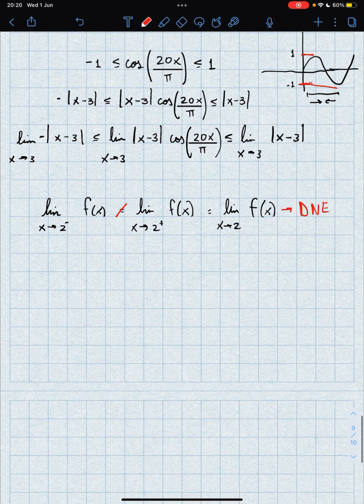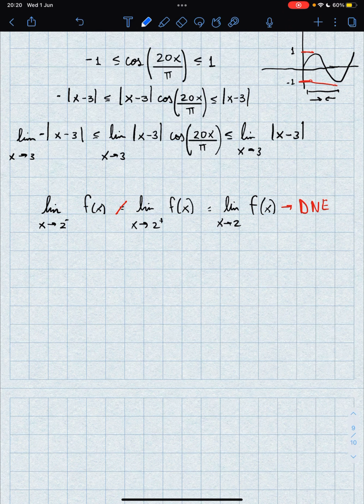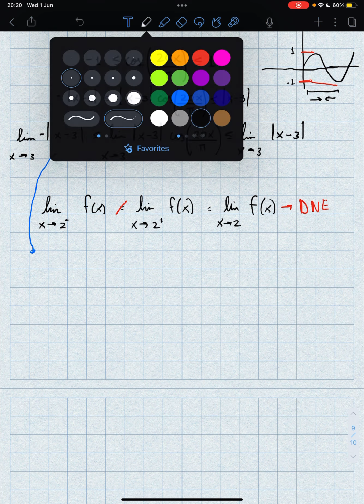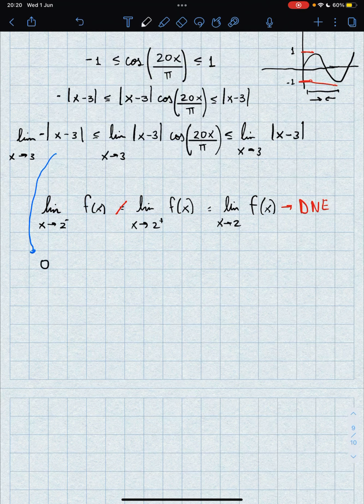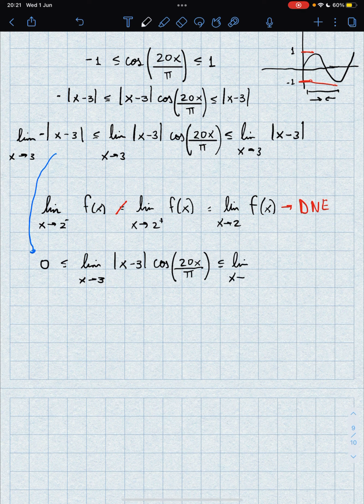Okay. Perfect. So, working over here, we're gonna have the limit of this when x goes to 3. It's gonna be 0, which is the limit when x goes to 3 of x minus 3 cosine of 20x over pi.